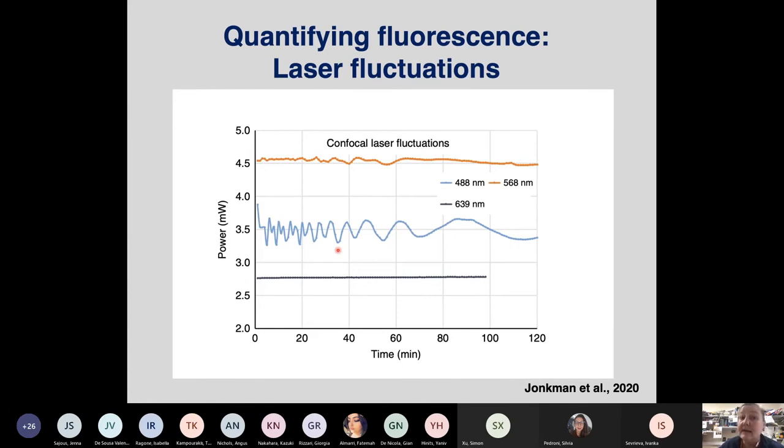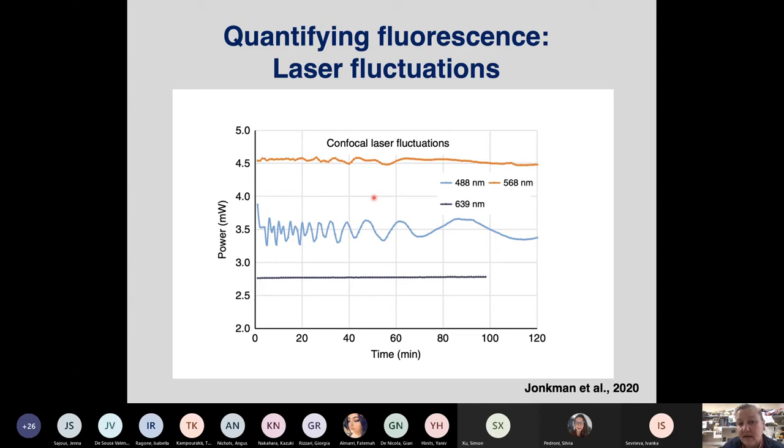Sometimes the quantification is marred by very, very unexpected problems. Now, this is a confocal microscope that lived in the Rockefeller imaging facility. And this was a pampered confocal microscope, checked all the time, and only run by expert staff.